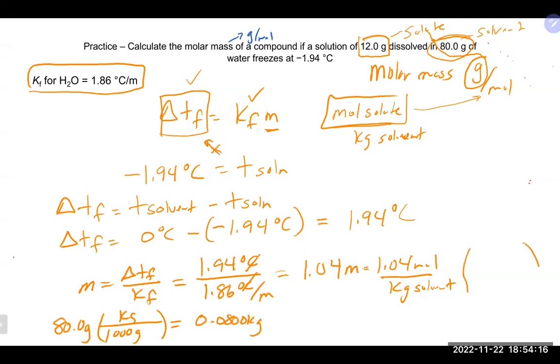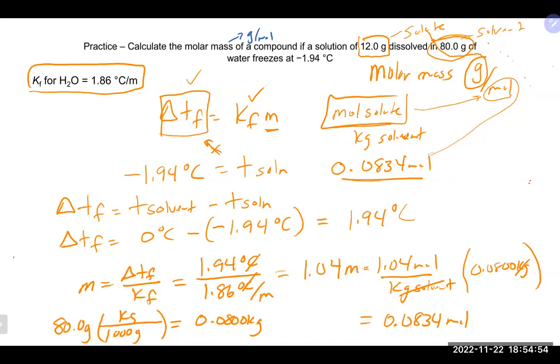So if we multiply that by our molality of 1.04, the 0.0800 kilograms, kilograms of solvent will cancel, and we will end up with 0.0834 moles of our solute in this case. So let me write it up here, 0.0834 moles of our solute. That number is actually the bottom part that we need to calculate the molar mass. Any questions on that part there?